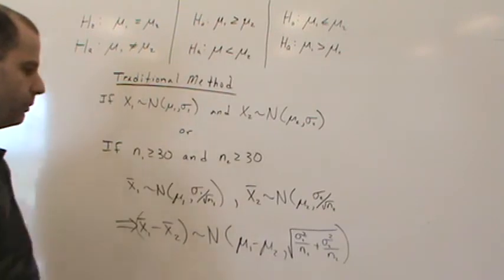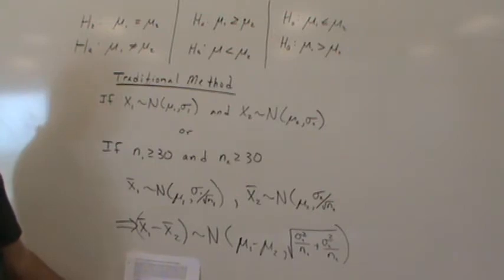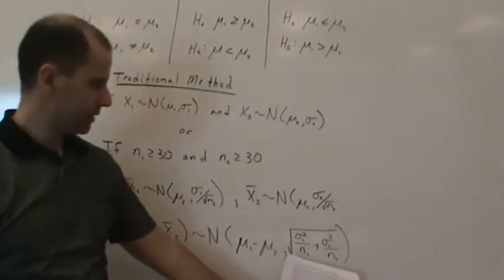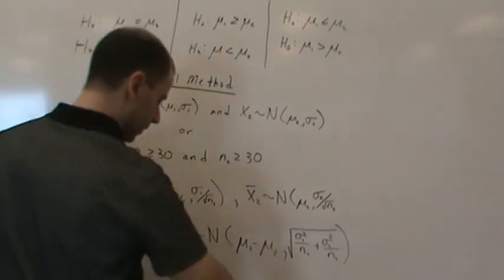And so that's going to be the standard deviation of this random variable, X bar 1 minus X bar 2. Now, again, I'm not going to derive this. This is something we're going to use and just need to accept.